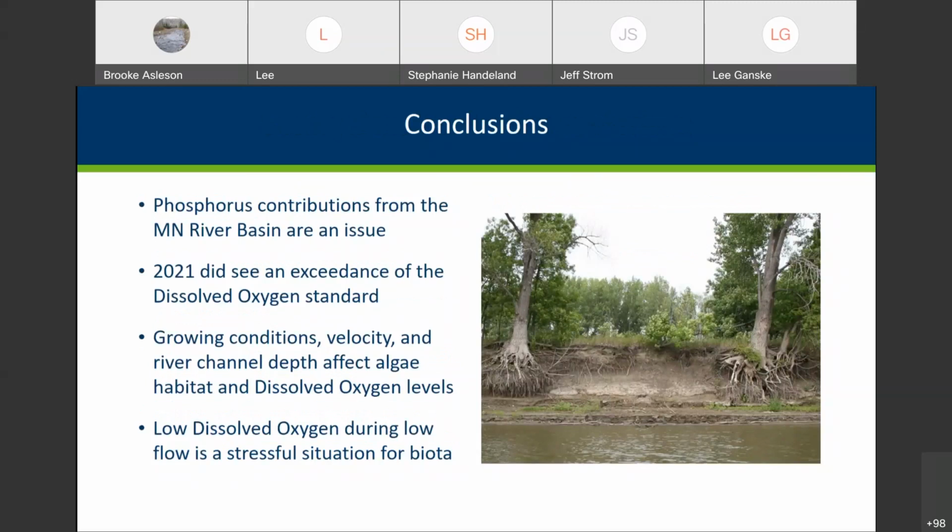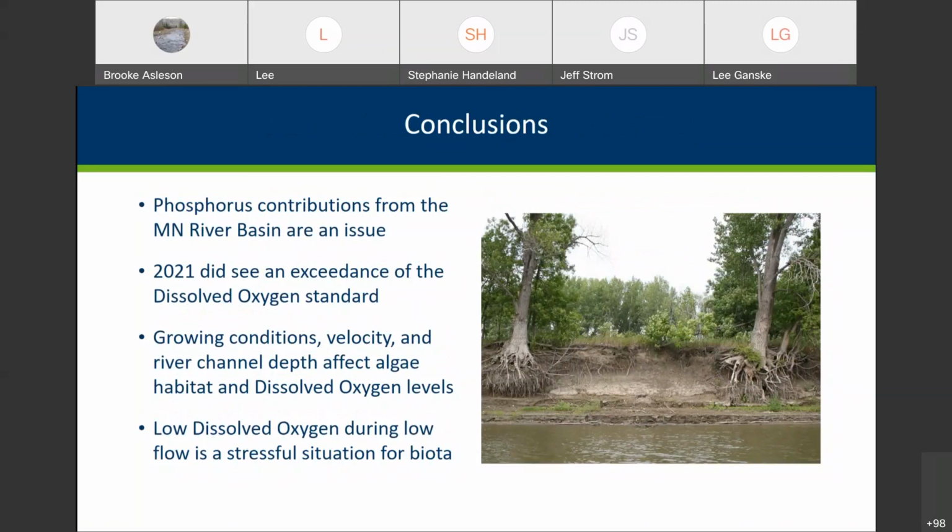Basic conclusions, and this is just based on conversations I've had with the effluent group and watershed division staff and my own staff. Clearly in 2021, we can still tell that phosphorus contributions from the Minnesota River Basin are an issue.